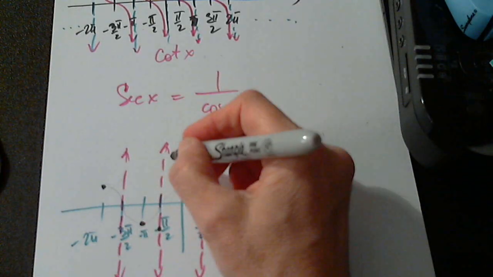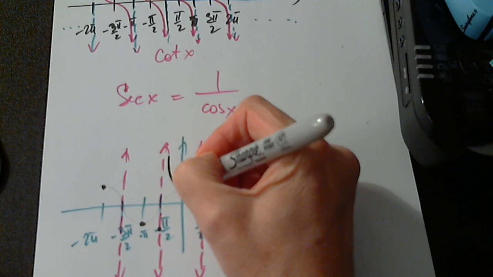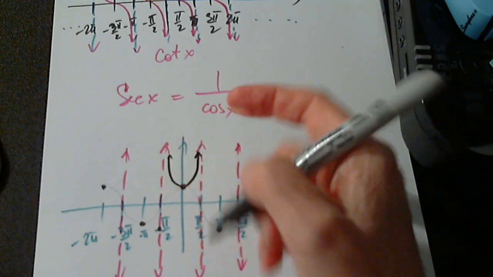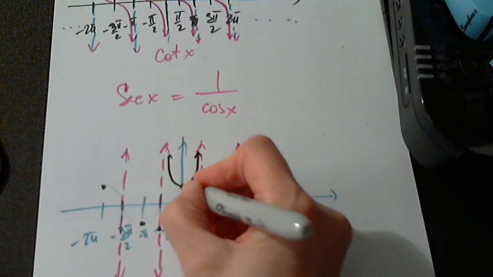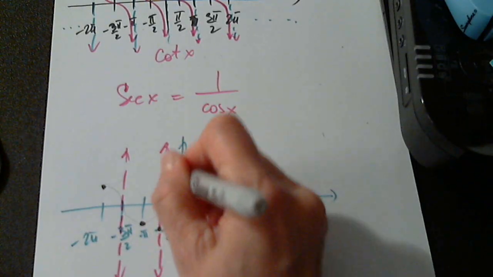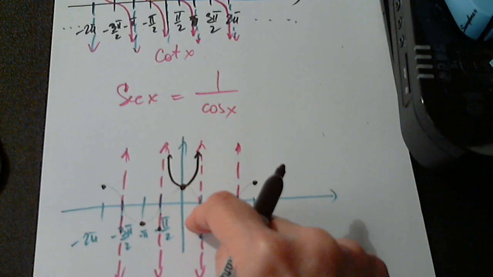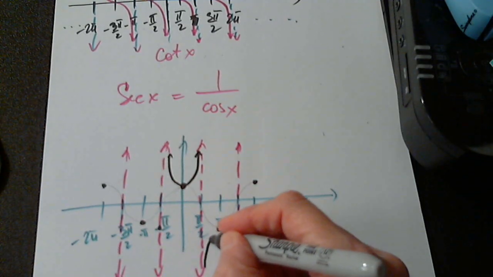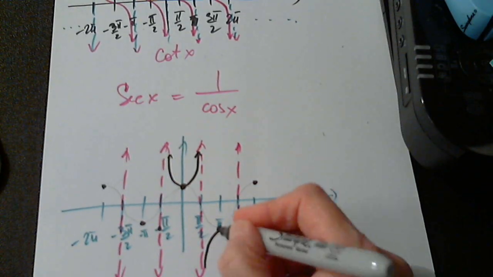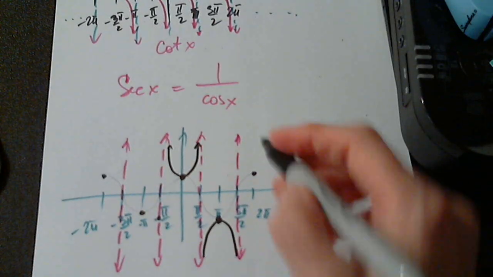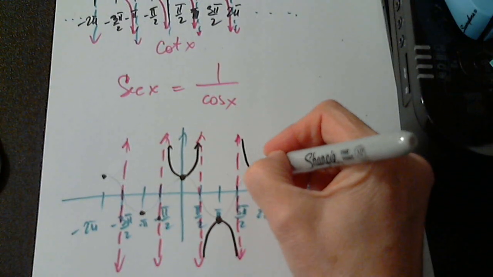First and fourth quadrants. When cosine is 1, 1 over 1 is this point, and it's the minimum of secant in these two quadrants. Here's the maximum of secant in these two quadrants, and this is a point of the secant. And now I go on forever.